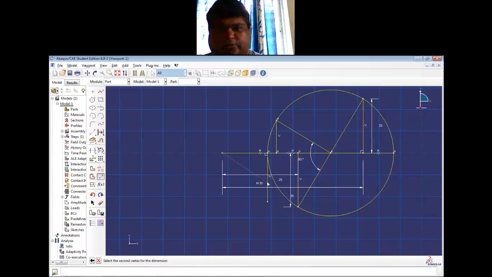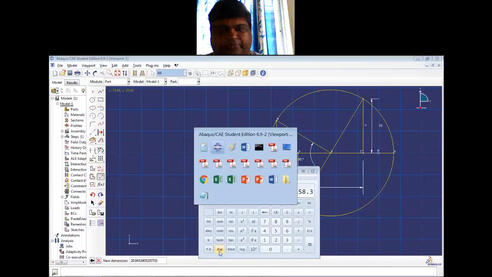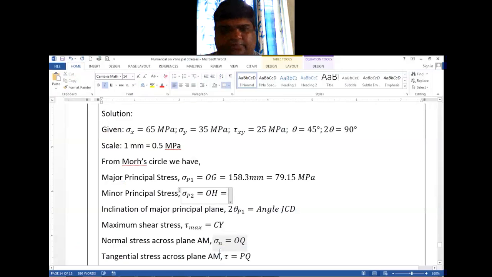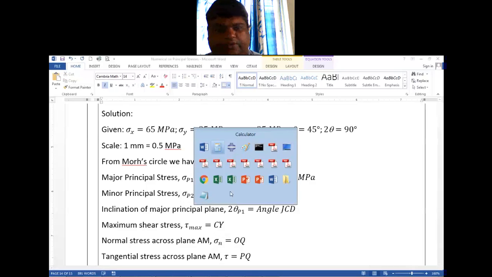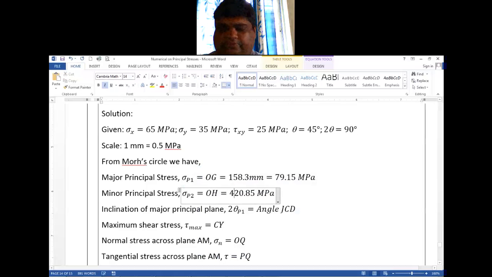And let me measure from here to this distance. So that is 20.85 megapascal, right? 20.85 into 2, 41.7 mm.